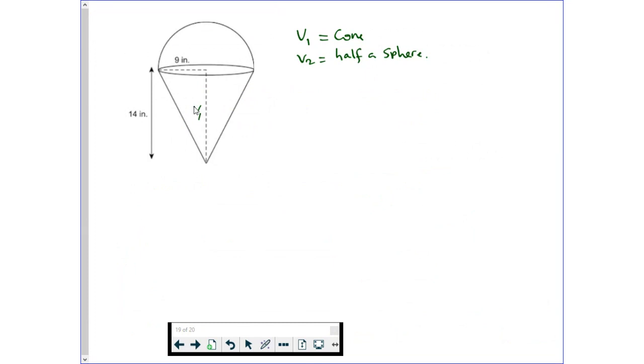So I'll type the formula for volume one and volume two. The total volume will be volume one plus volume two, where volume one is 1 over 3 times pi r squared times h, plus volume two, which is half a sphere, so half times 4 over 3 pi r cubed.